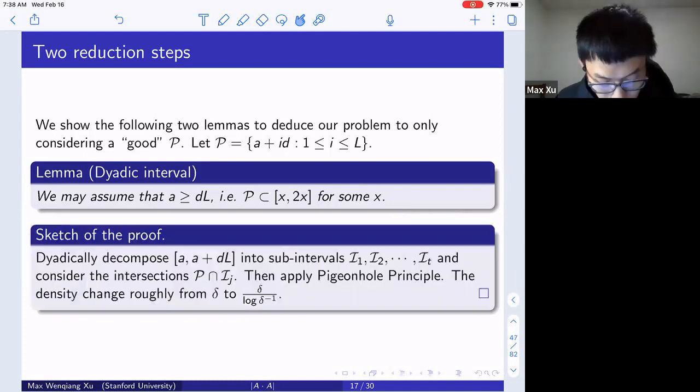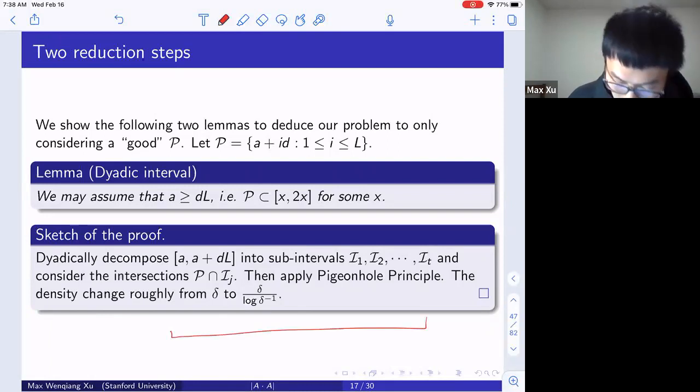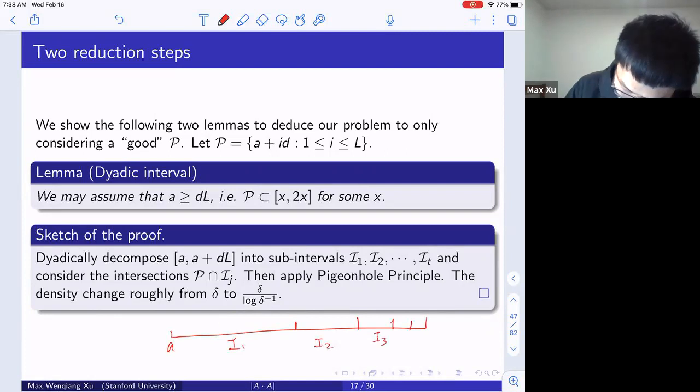So I'll give a sketch of the proof of why we can do this deduction. We basically diagonally decompose our original arithmetic progression P. So if this is our original arithmetic progression, we do a diagonal decomposition. Say this is I1, this is I2, this is I3. And this will be P.